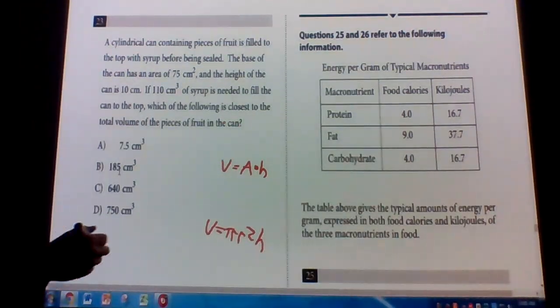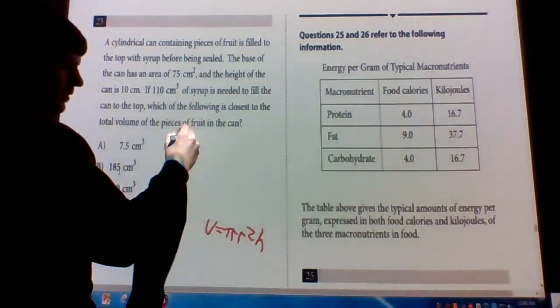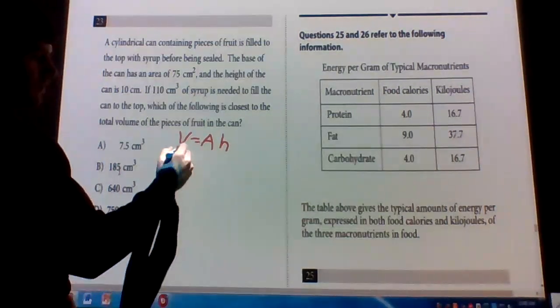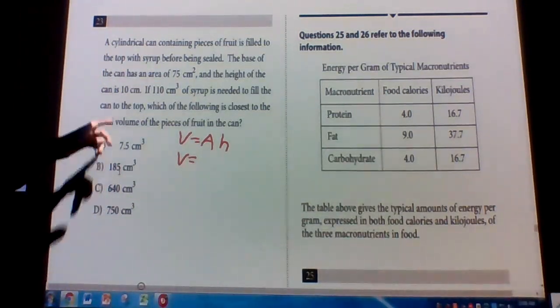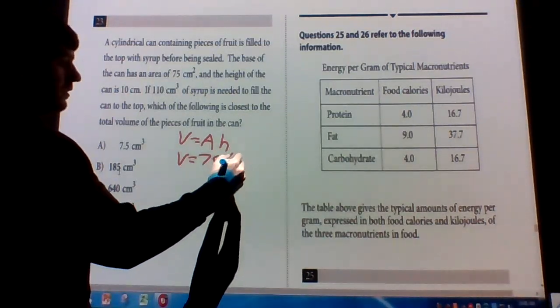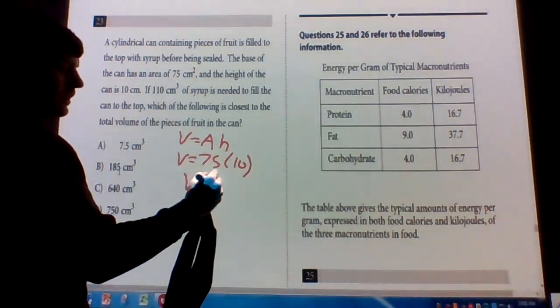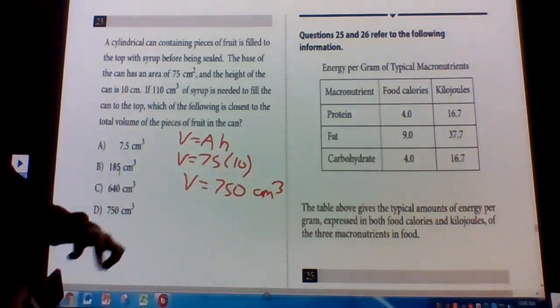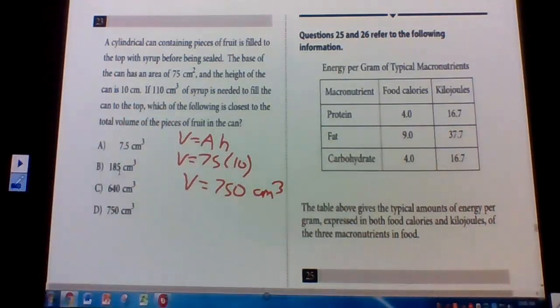So we know our volume is area of the circle times the height. Okay, so volume, area of the base is 75 and the height is 10. So the volume of the can is 750 centimeters cubed. Okay, we need 110 centimeters of syrup to fill the can to the top.